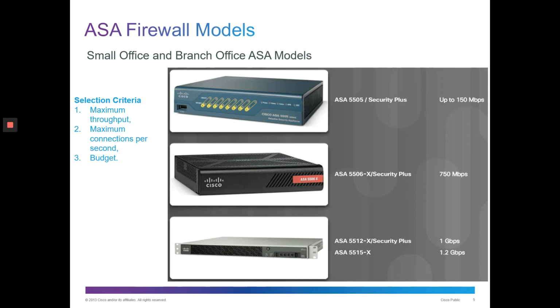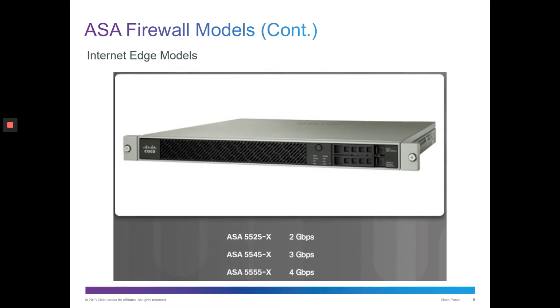So these ones you go for small offices and branch offices. Similarly, we have this one, which is the ASA 5525X. They come in three categories as well: 2 Gbps, 3 and 4 Gbps, and they are called Internet Edge models. They are used for medium to large enterprises.